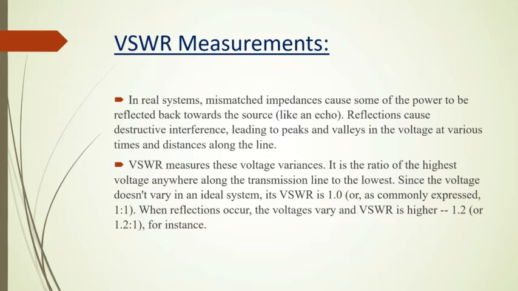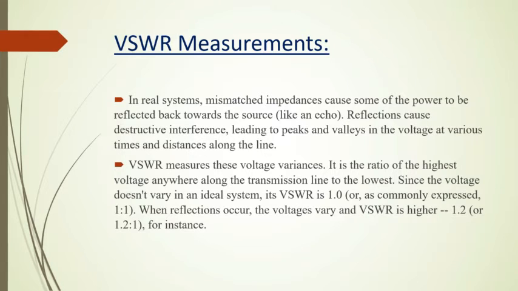This is what VSWR is all about. So the voltage standing wave ratio measures these voltage variances. It's the ratio of the highest voltage along the transmission line to the lowest voltage. Since the voltage doesn't vary in an ideal system, its ratio is 1, because the high will be the same as the low, since it's consistent.